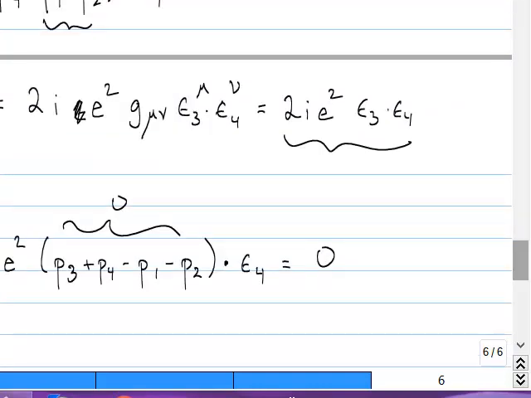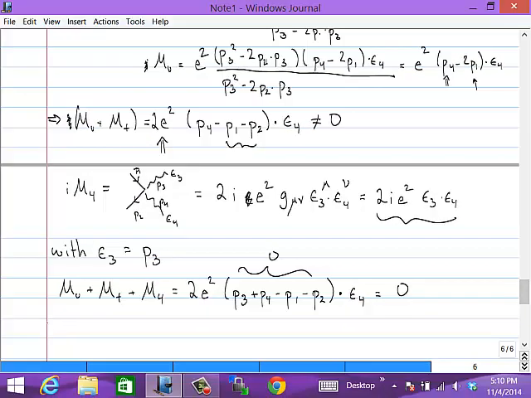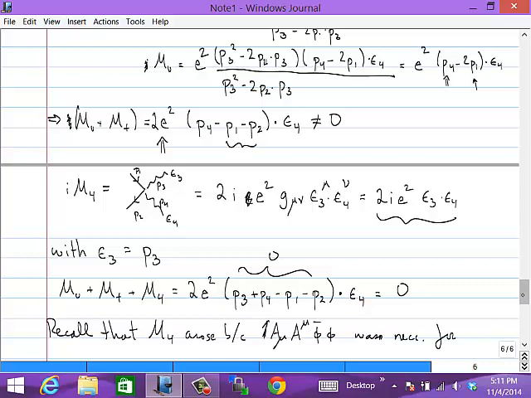So this is a kind of remarkable thing here. Remember that the 4-point interaction, M4, the Seagull diagram interaction, only arose because the term A mu, phi bar phi, was necessary for gauge invariance.